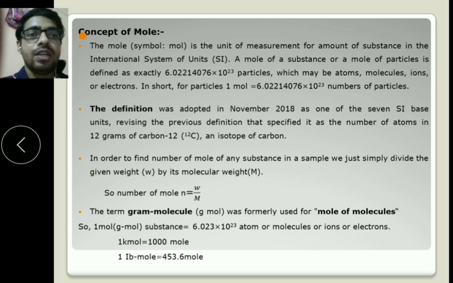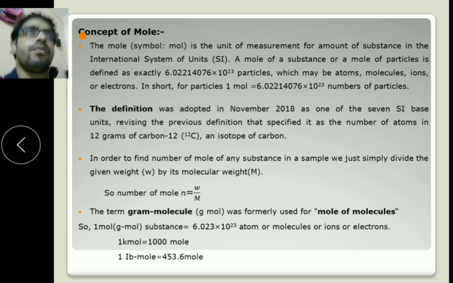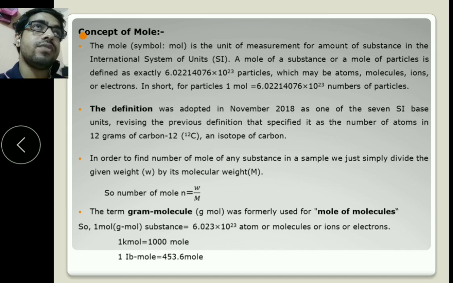In order to find the number of moles of any substance in a sample, we just divide the given weight by its molecular weight. Suppose we have 5 gram carbon dioxide, and we know the molecular weight of carbon dioxide is 44. So the number of moles of carbon dioxide in 5 gram is 5 by 44.